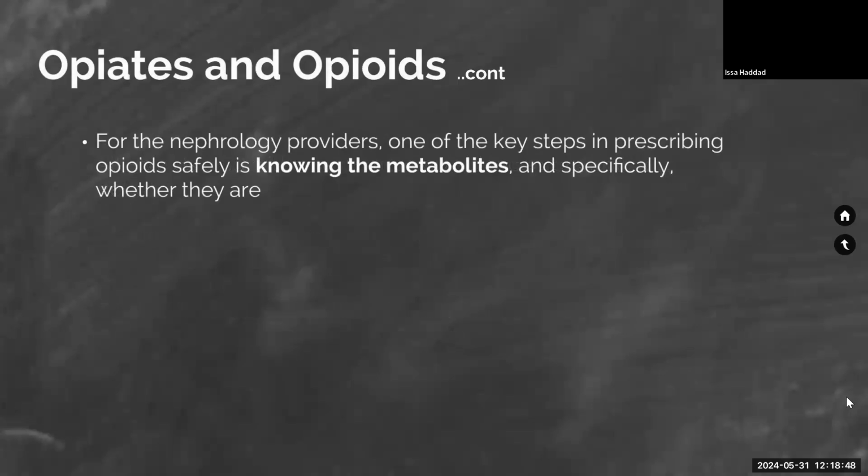For us as nephrology providers, what I think is most important to know, to tell if an opioid is safe or not, is the metabolite of the opioids, and specifically two things: whether they are metabolically active, and second, whether they are cleared by the kidneys, or renally excreted.